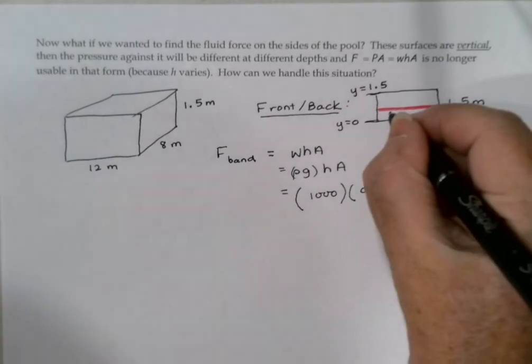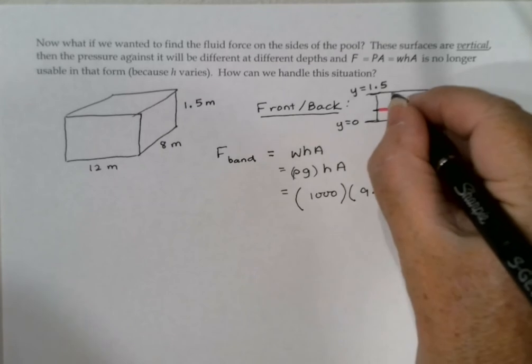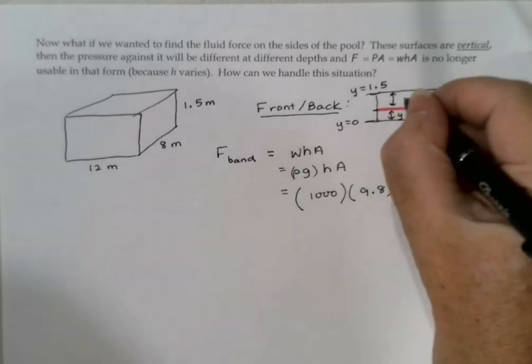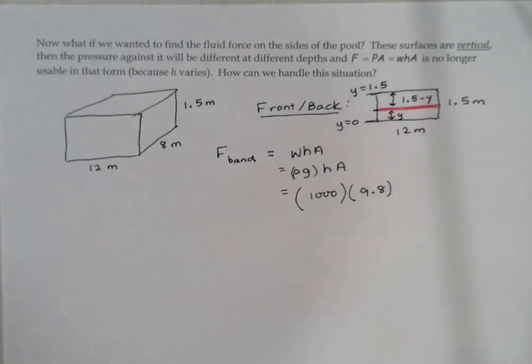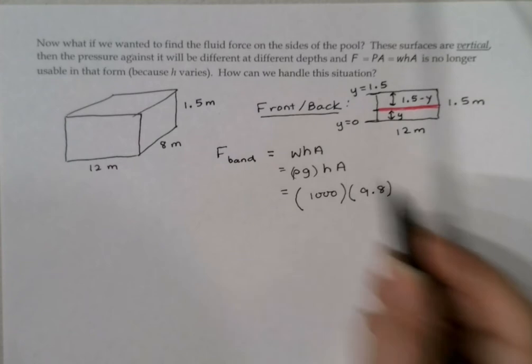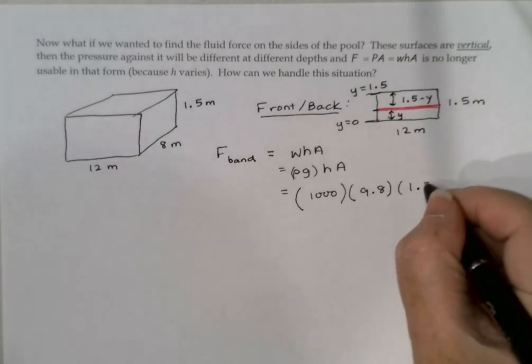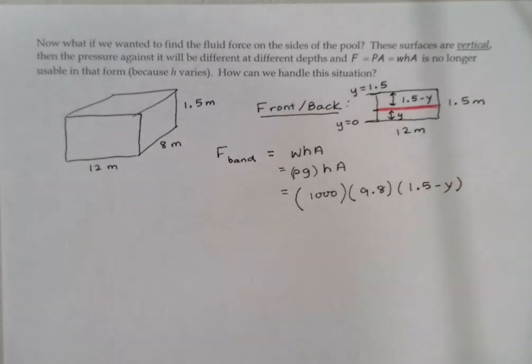So if this strip is at a height y, then the depth, the amount of water above it, would be 1.5 minus y. So that's what I'm going to use for the h. h is actually the depth of the water, how much water is sitting above that little strip.